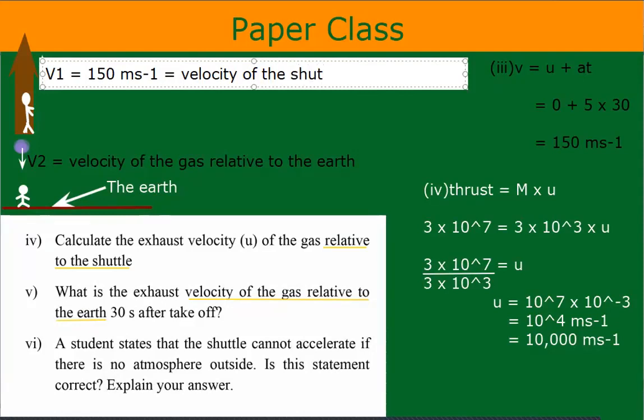The rocket and the exhaust gas are moving along the same path in opposite directions. I don't care whether it is a shuttle or a rocket.